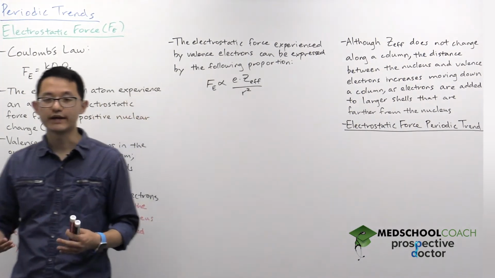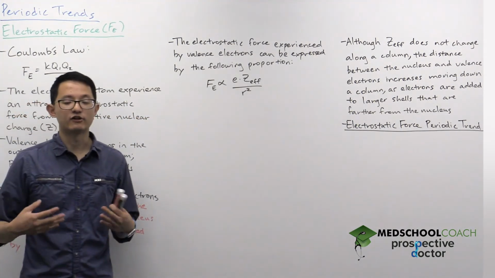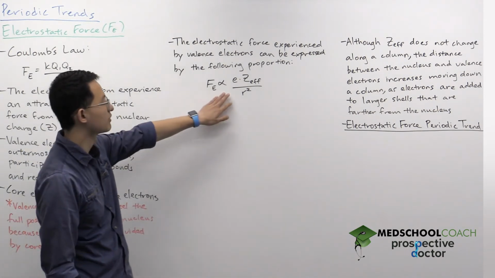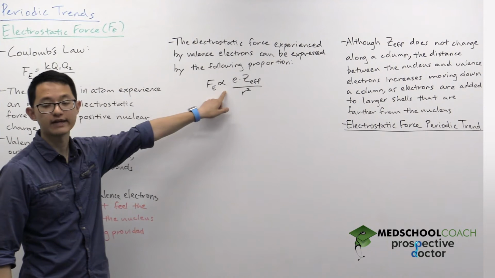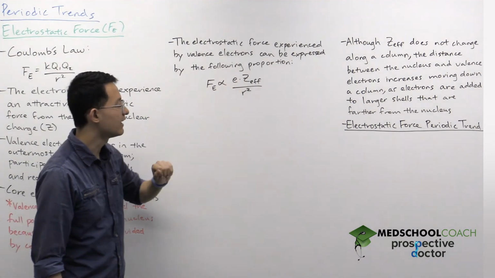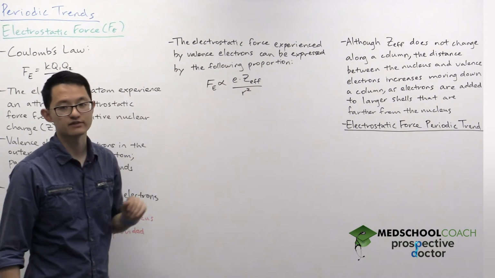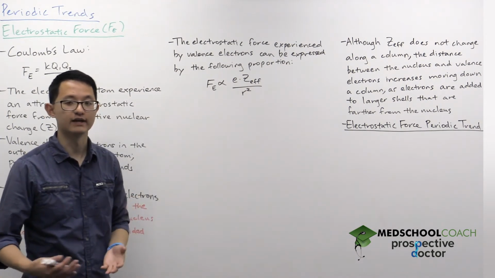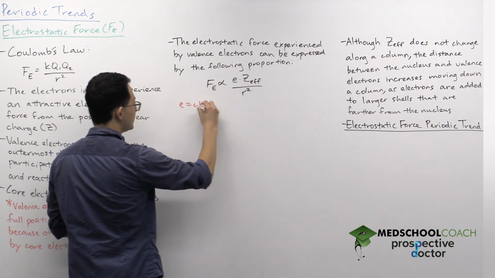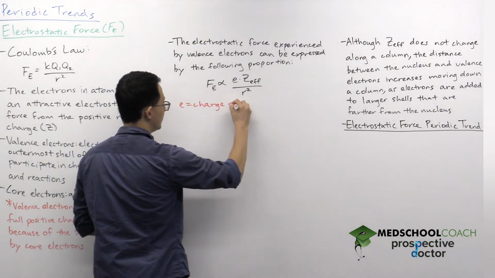Now, we can write an expression for this interaction between the nucleus and the valence electrons, and we've done that right here as a proportion, essentially leaving out K as a constant. It looks slightly different because we have E and Z effective, but this is just us specifying what the charges are in the interaction. So here, E is simply the charge of an electron.